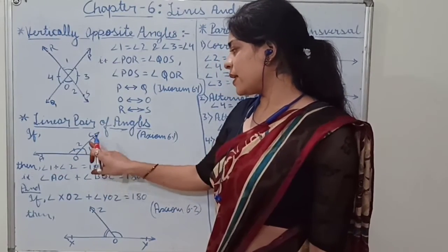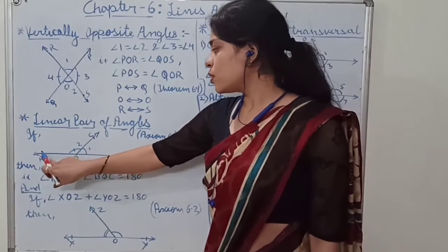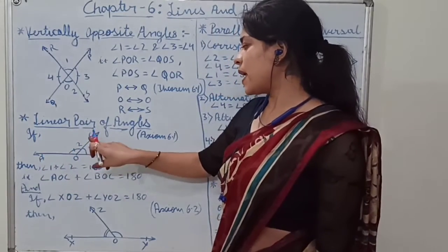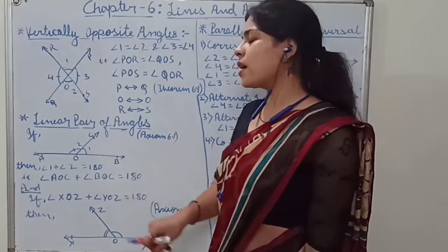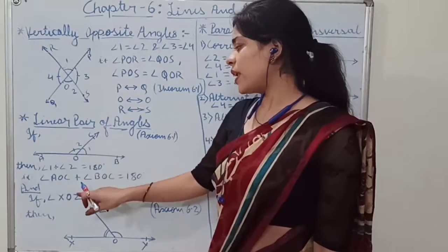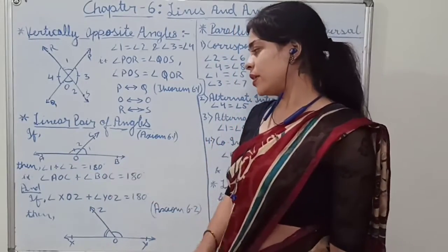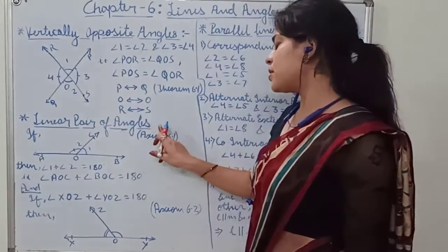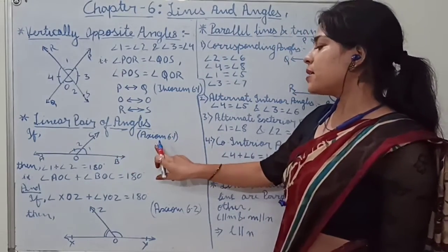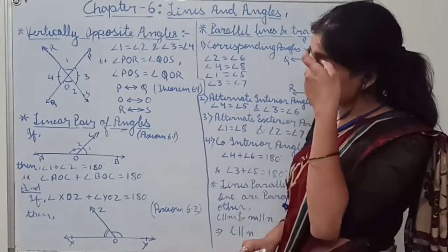AOB is a straight line, OC is a ray standing on the line, and the two angles, angle AOC and angle BOC, are adjacent angles. Their sum equals 180 degrees. This is called a linear pair of angles, and this is Axiom 6.1 given in our NCERT textbook.